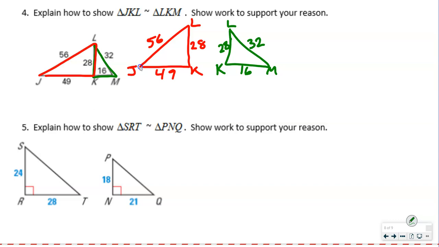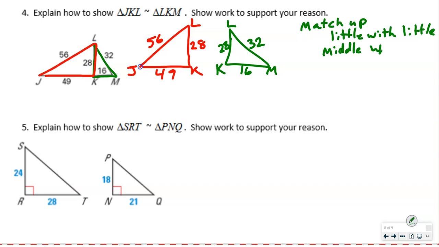So we need to match up little with little, middle with middle, and big with big.